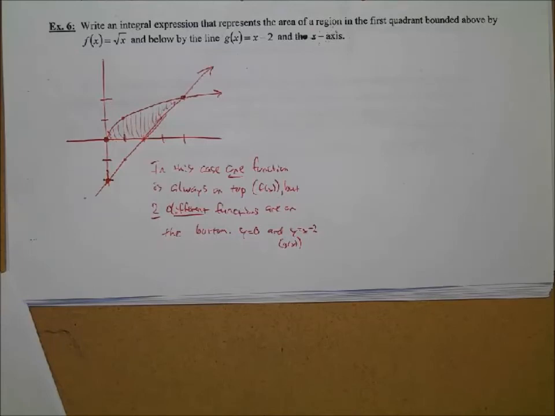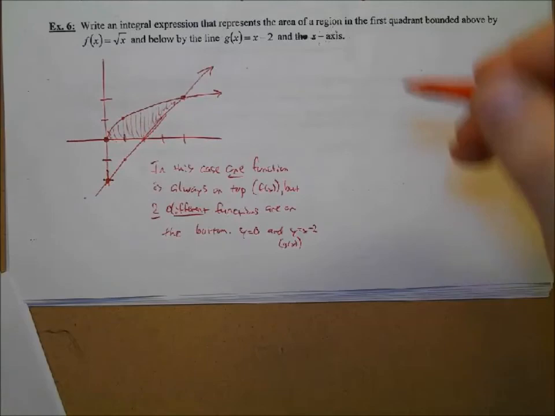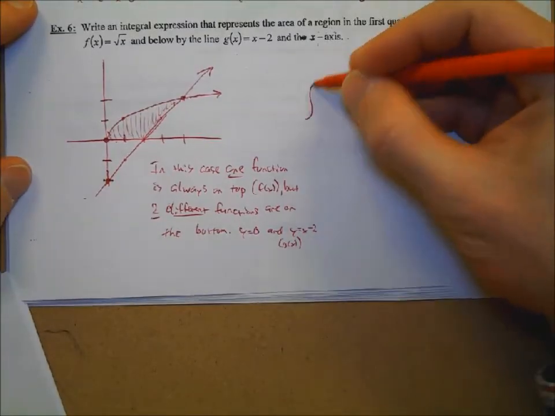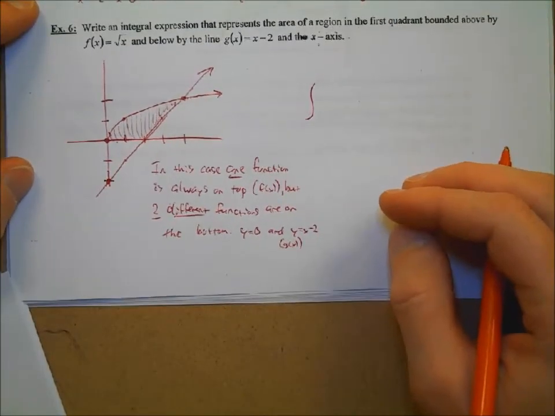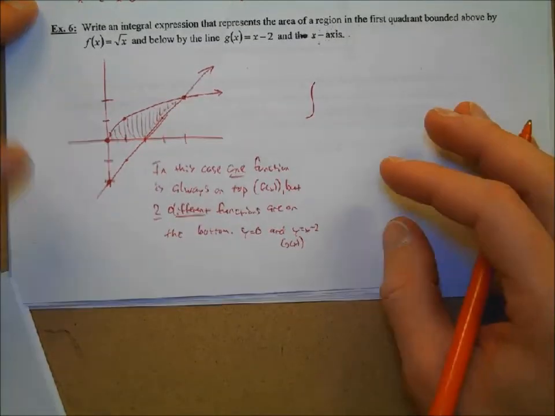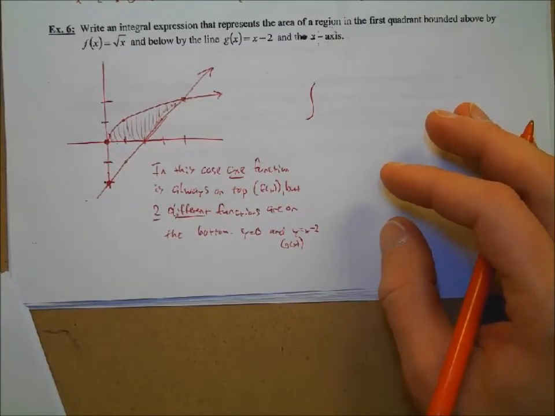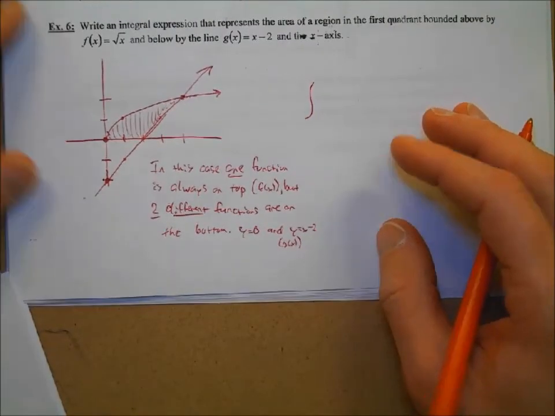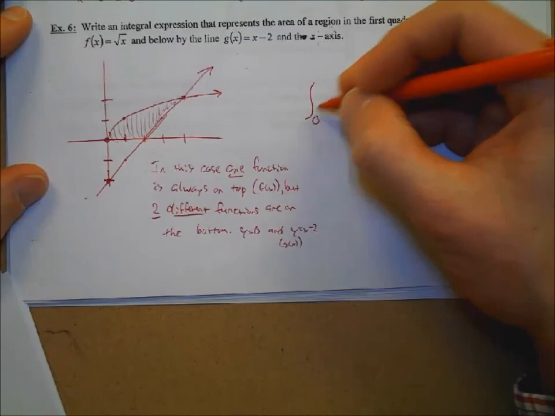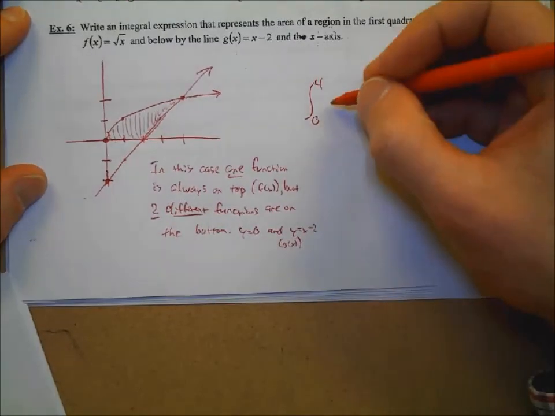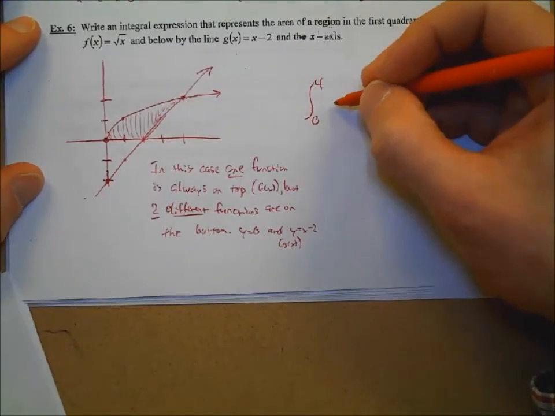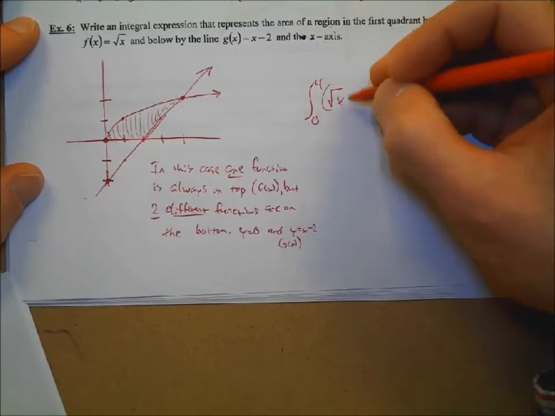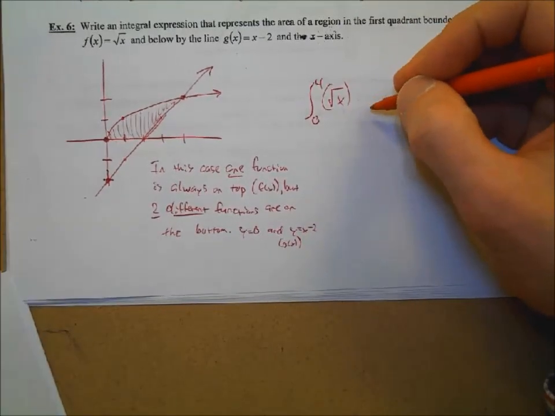So, Jake? Wouldn't you take the full integral from 0 to 4 of root of x, and then you minus the integral of 2 to 4 of x minus 2? So that would work, yes. All right, so let me write that up here. So you said integral from 0 to 4 of what minus what? I just did of root x. Root x? Oh, okay, I see what you're saying. And then you did minus the integral?